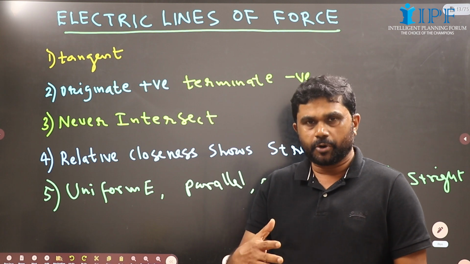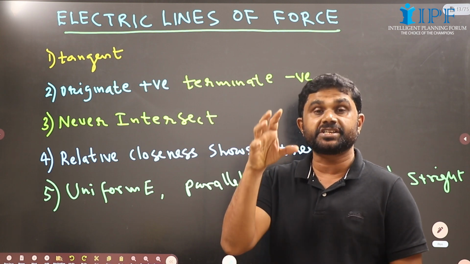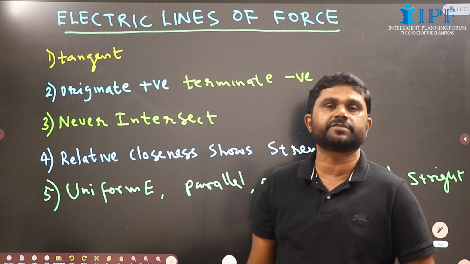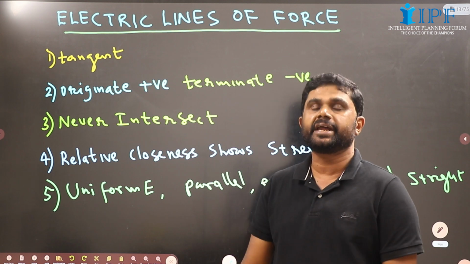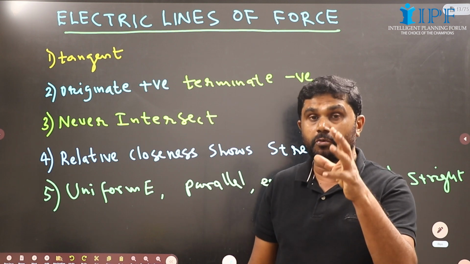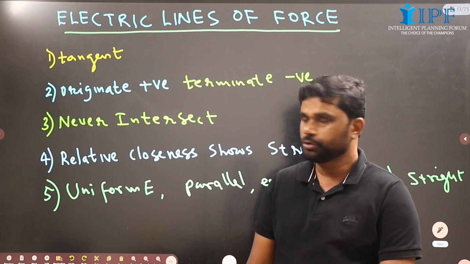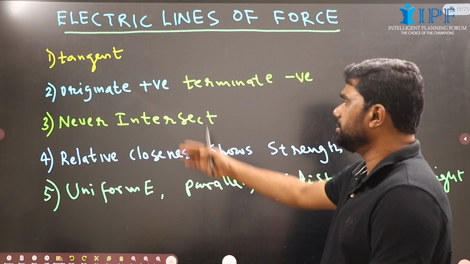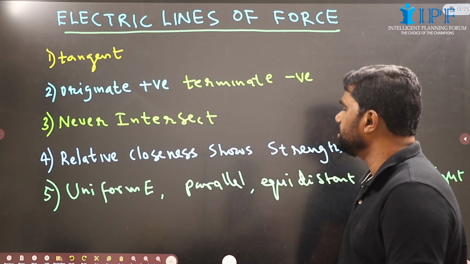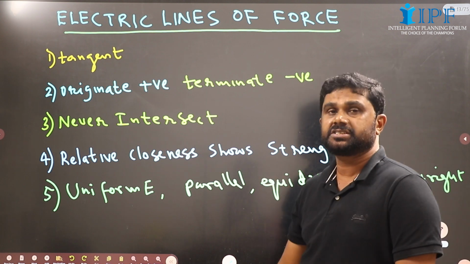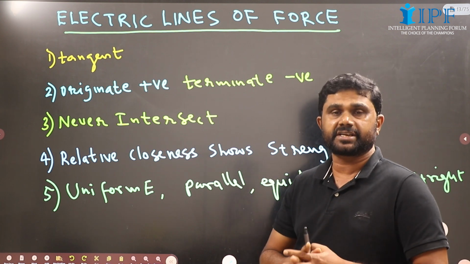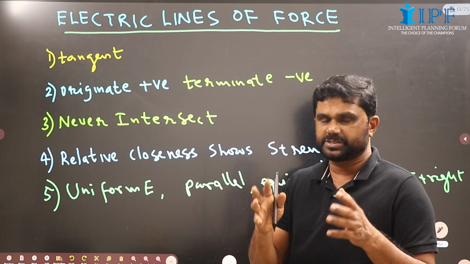Now the second property: electric lines of force usually originate from a positive charge and terminate in a negative charge, but they can never form closed loops. Originate from positive and terminate in negative, and the next is they do not intersect at all. That property you must be knowing.